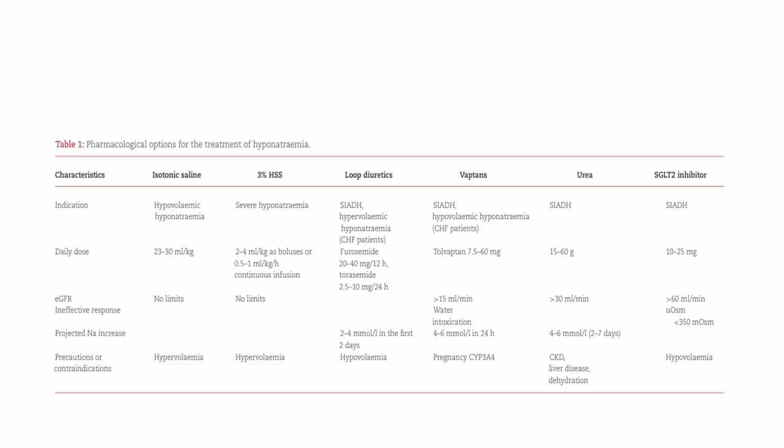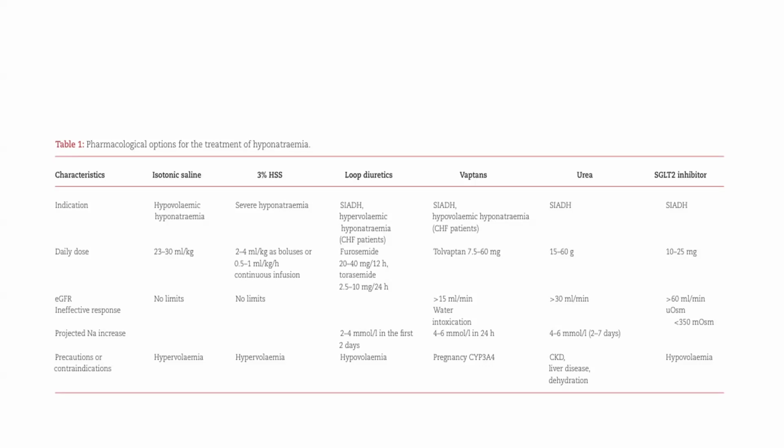We can also administer loop diuretics in the case of SIADH and hypervolemic hyponatremia. As diuretics, we can give furosemide and torsemide. Furosemide in the dose of 20 to 40 mg every 12 hours. Torsemide 2.5 to 10 mg every 24 hours.